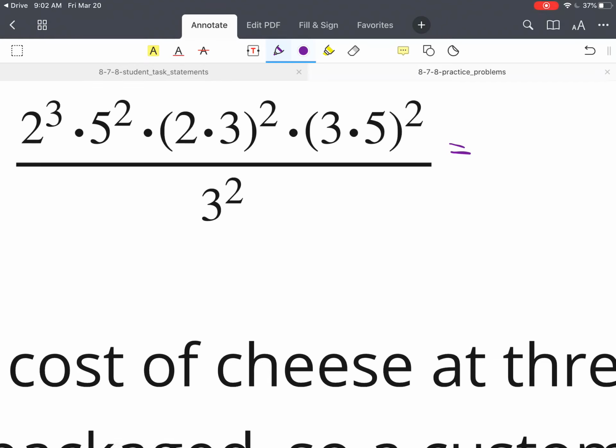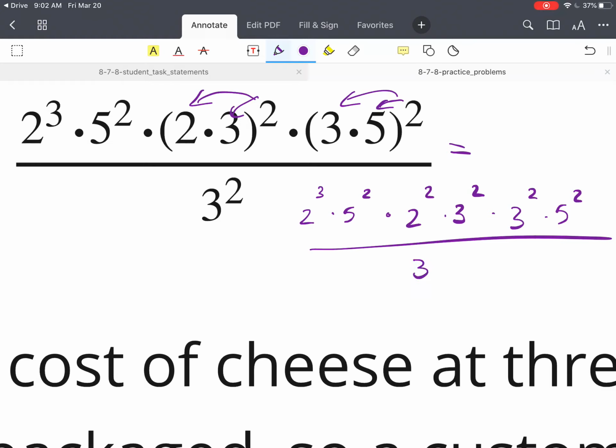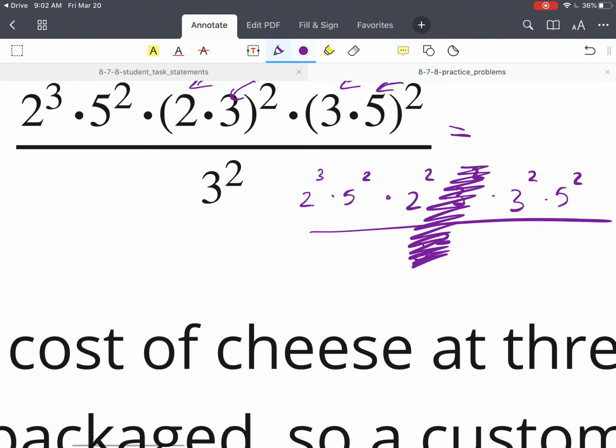Okay. Well, this is gonna be fun. Here, let's do this. 2 to the 3rd times 5 squared. I'm just rewriting it. Times, and then we're gonna distribute this. And then what can we do with the 3 squares? Yep, we can cancel.